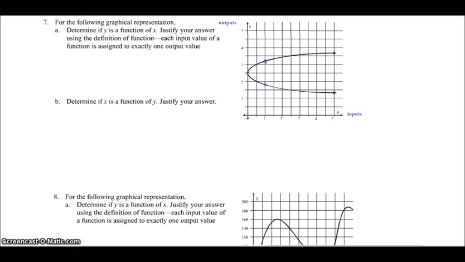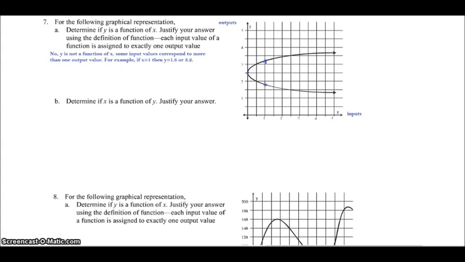I hope that you thought no, because for the input value of 1, there are two output values, 1.8 and 3.2. So no, y is not a function of x. Some input values correspond to more than one output value. For example, if x equals 1, then y equals 1.8 or 3.2.